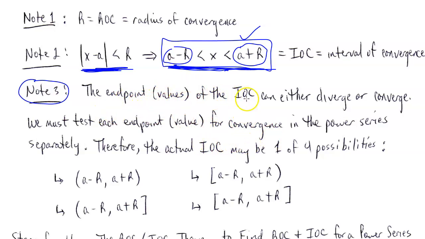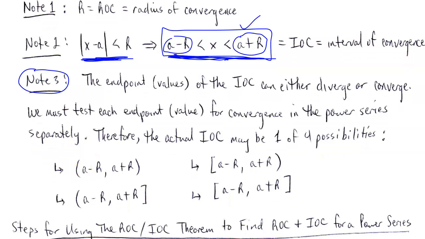It says the endpoint values of the interval of convergence can either diverge or converge, and we must test each endpoint value for convergence in the power series separately. Okay, and so what that means is that by default, we're going to have this option here. But once we test it, we may still end up with this option, which means that at a minus r and at a plus r, the corresponding infinite series is going to diverge in both cases.